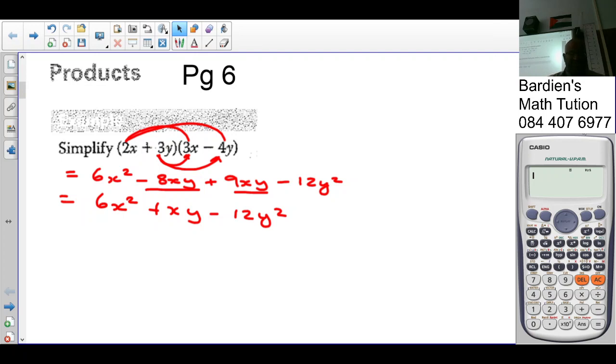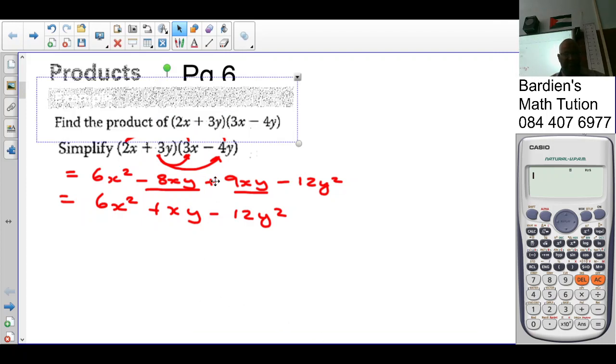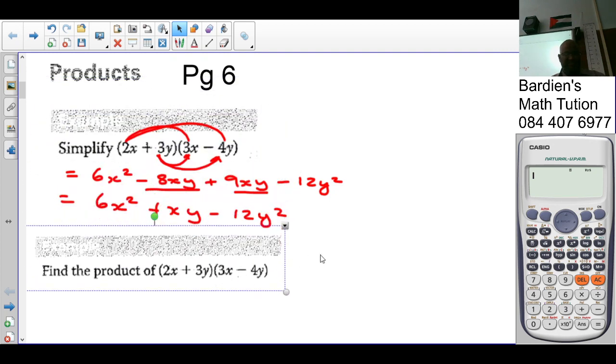This is example 2 on page 6. It's the same sum, no?